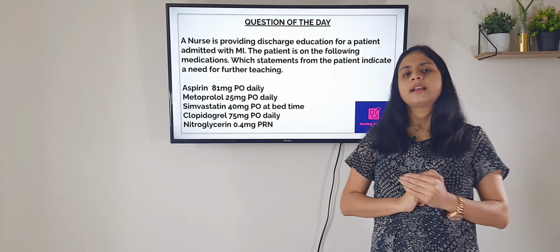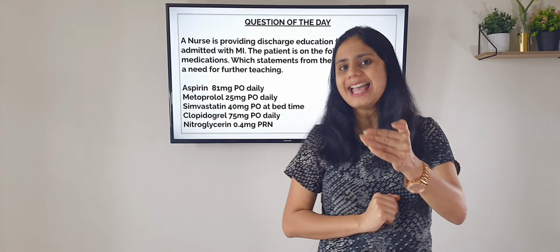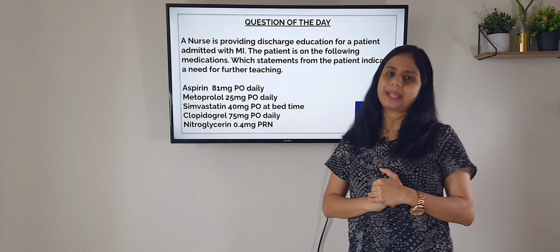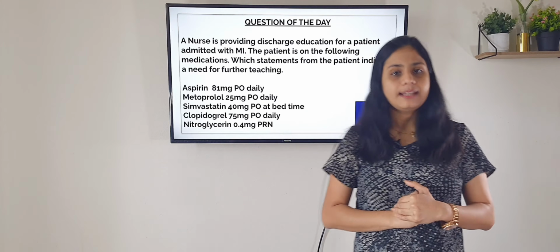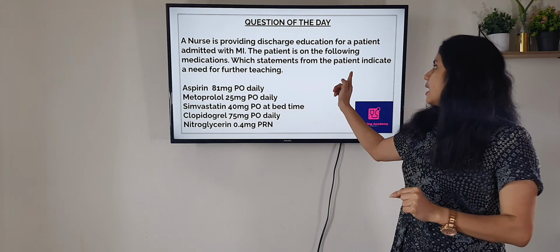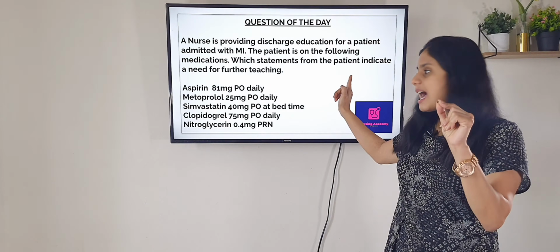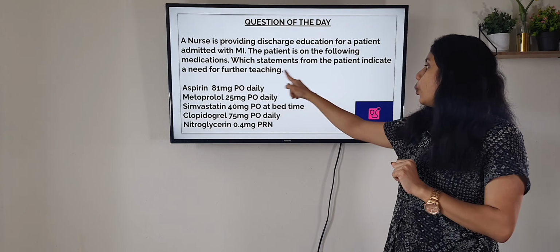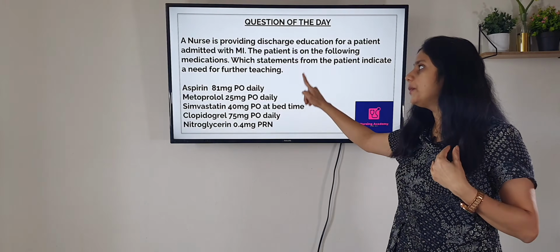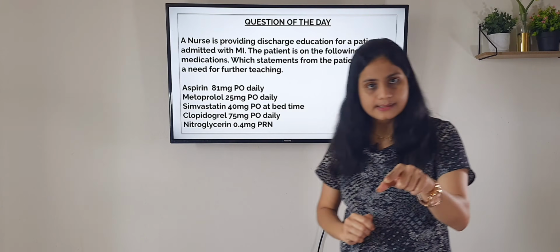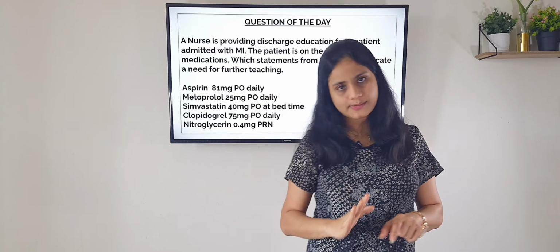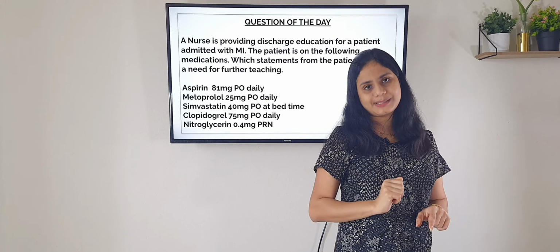And then we should have a close glance at the medicines prescribed for the patient. Then the major keyword is what the question is asking: which statement from the patient indicates a need for further teaching. That means the question is asking for a negative response, not the positive response.